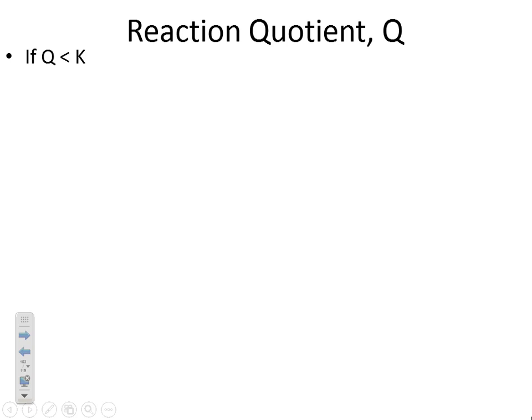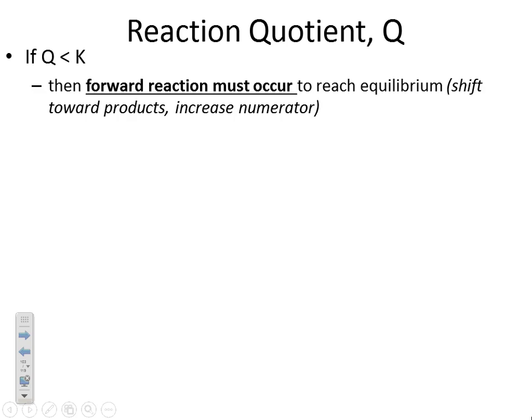So how is Q used? This is really the huge point about Q. If Q is less than K, and this is what I hoped you got from the POGL, then because they are written the same way in terms of the ratio, that means that your numerator must be too small. So we have to make the numerator bigger.